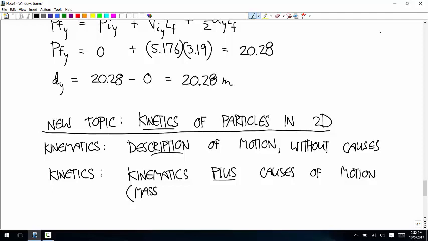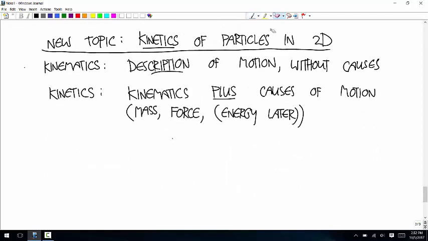The new things that we're going to introduce with kinetics are mass, force, and a little later on we'll talk about energy. So before we start going into calculations involving kinetics, I have to introduce these new terms. First I'll do mass. That's the easier one of the two to wrap your head around.